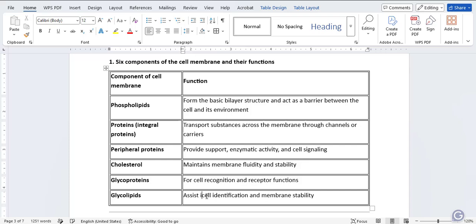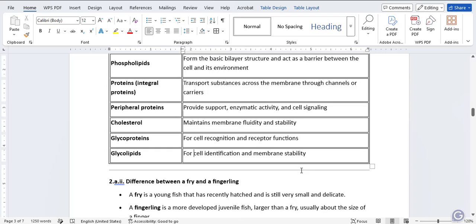Again, you will not use "assist" here. So the function is cell identification and membrane stability.